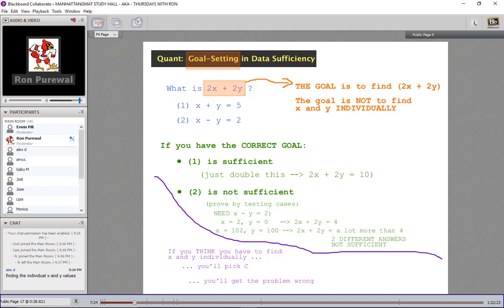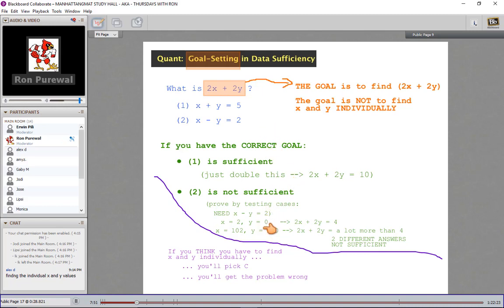Because in a multiple choice problem, if they gave you these 2 pieces of information, you would be able to solve the problem. You would actually be able to find x and y. You wouldn't have to, you would just waste a bunch of time doing that, but you'd be able to do it, is the point. Whereas in data sufficiency, you might have to combine the statements, but you might not.